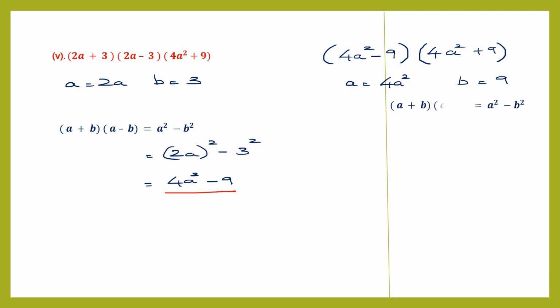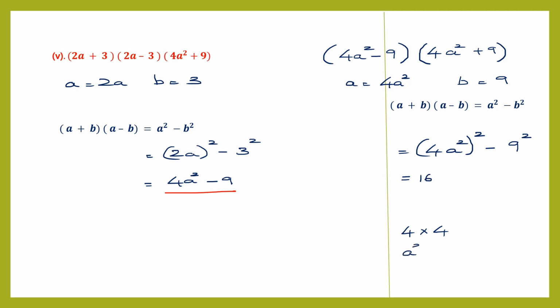Now the formula is a plus b into a minus b is a square minus b square. So a square is (4a square) square. This is a, now the square of this, minus b square, and what is b? B is 9, and the square of this. So now (4a square) square means 4 into 4, that is 16. 4 4s are 16.